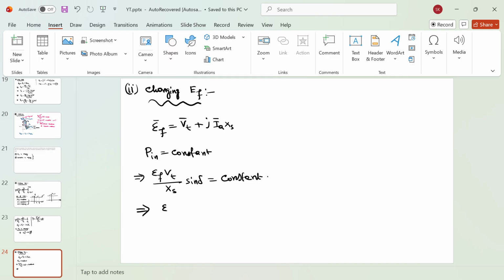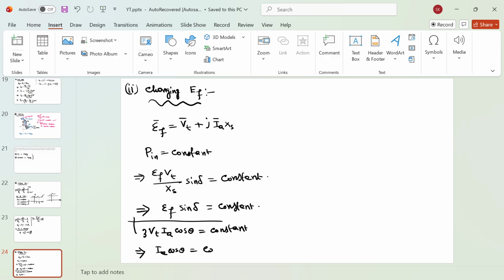So your EF sine delta needs to be constant. And from the terminal point of view, the terminal voltage Vt, Ia, and terminal power factor of the synchronous generator, obviously it is three phase, so that also needs to be constant, because whatever power you are giving, the same power will go to the grid. So your terminal voltage is constant, so your Ia cos theta needs to be constant.